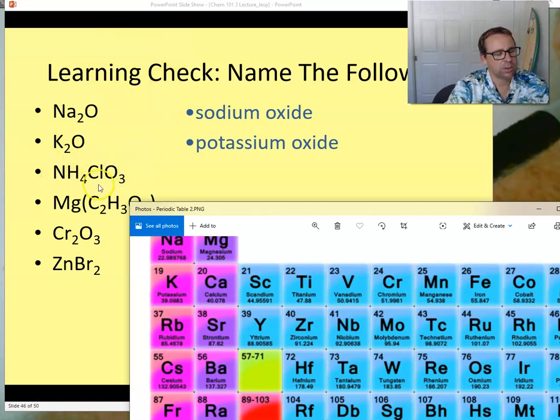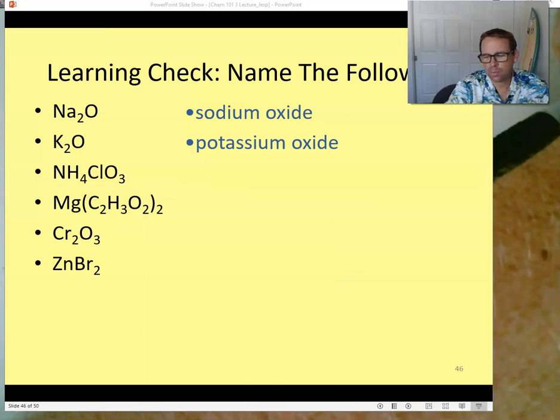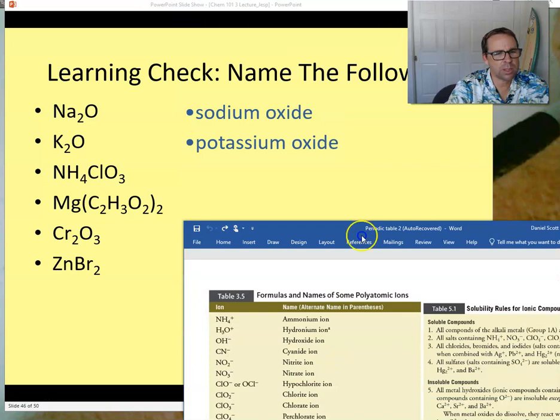Oh, here's a hard one. What's this one called? Nitrogen. Hydrogen. Okay. Hold on just a second. Haven't we seen that NH4 before? What is it when we have NH4 like that? Where have we seen that before? It's ammonium. Very good. It's a polyatomic ion, so we have to get out our polyatomic ion chart.